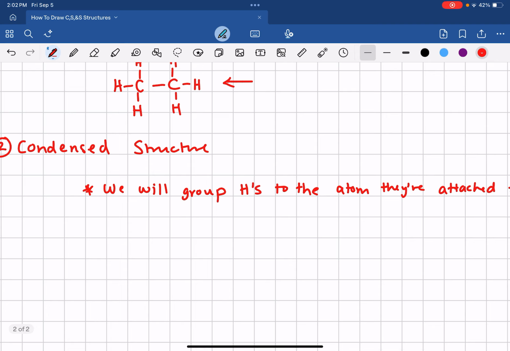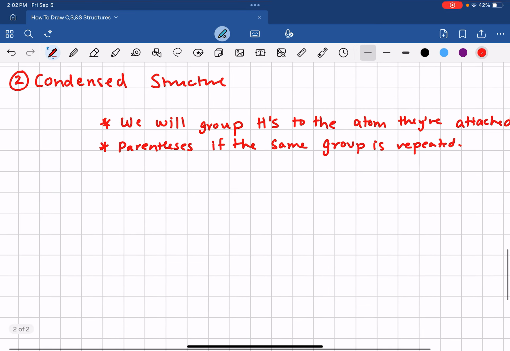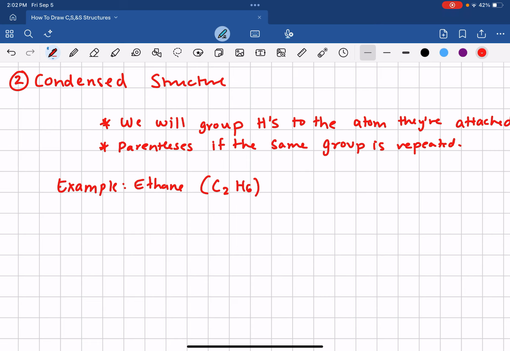A condensed structure condenses the structure. How it condenses is that we will use parentheses if the same group is repeated. Let's also take the same example of ethane, which, if you recall, was C2H6.